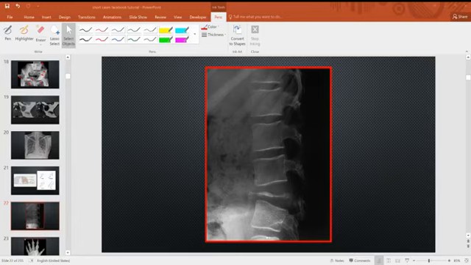Okay, if it is an adult, what are the differential diagnoses? We have a lot of differential diagnoses. It can be metastasis, leukemia, lymphoma, or infection.